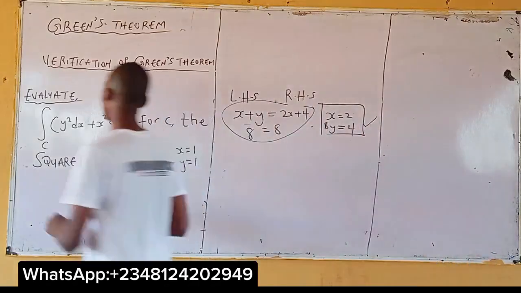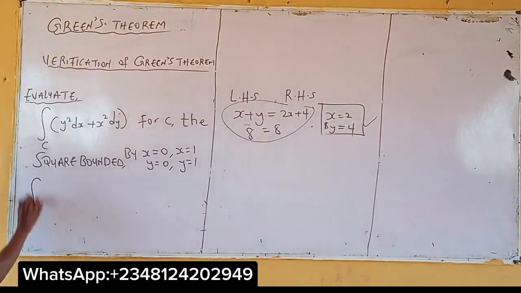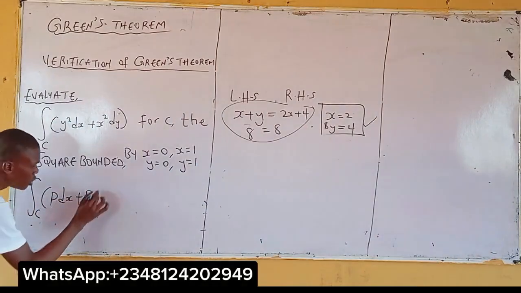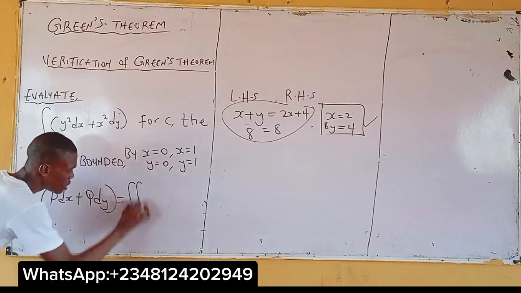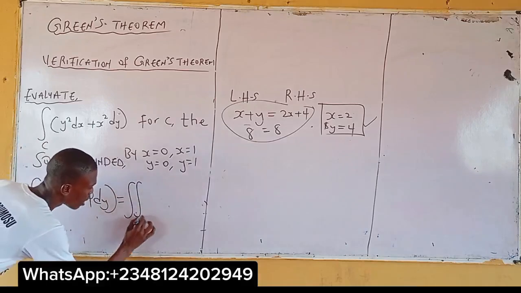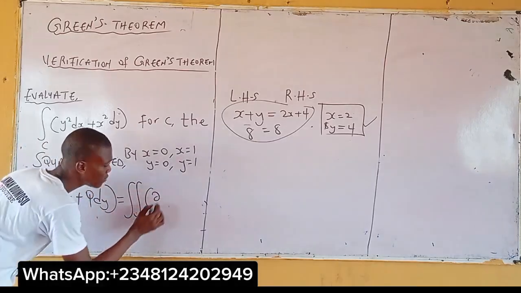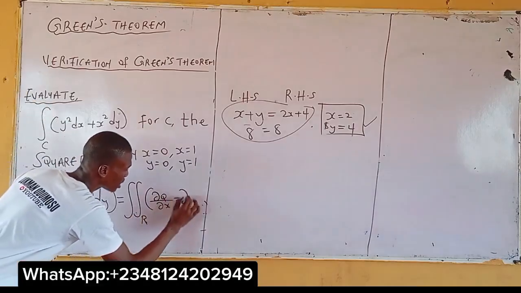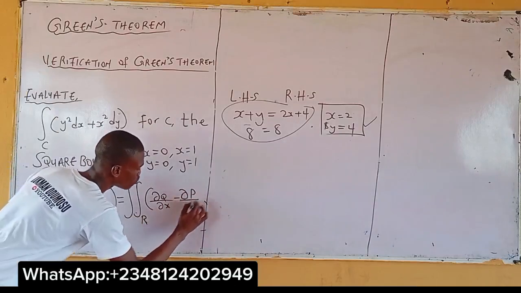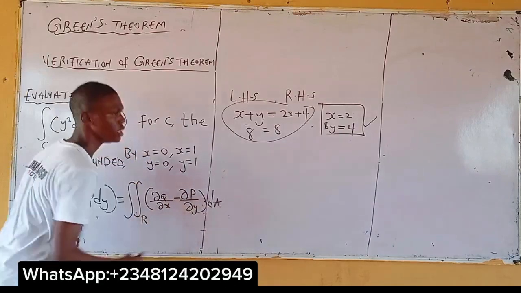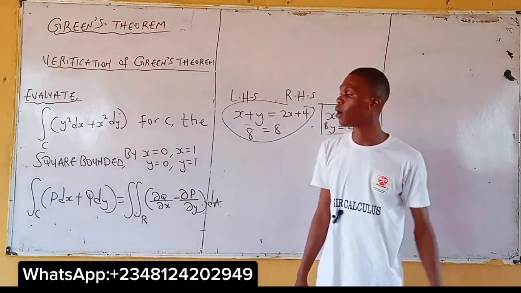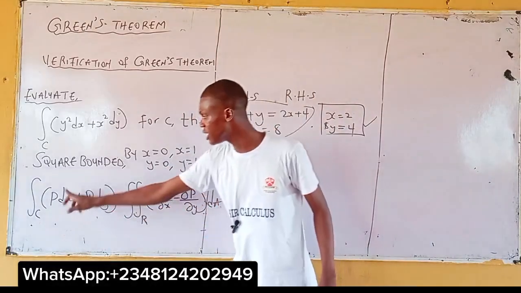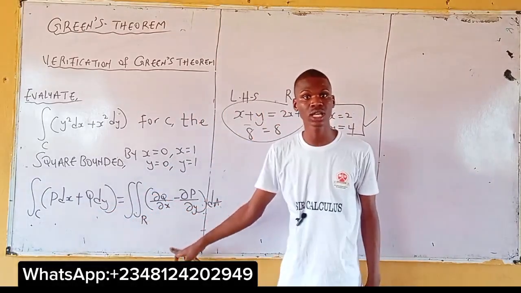Mathematically, when we say line integral, meaning the integral over C of P dx plus Q dy, it equals the double integral over R of the partial derivative of Q with respect to x minus the partial derivative of P with respect to y, multiplied by dA. Now, to verify Green's theorem, the left hand side must equal the right hand side.